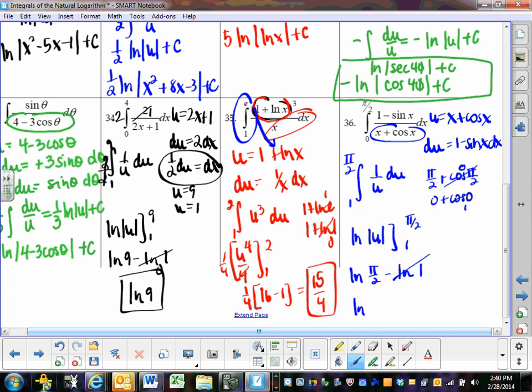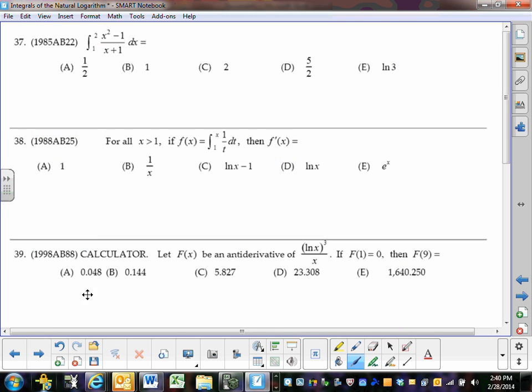Okay, whenever we have an inside part, we should always check to see if that is our u first. So u equals 1 plus natural log of x. Du then is 1 over x dx. So we have exactly u cubed du. I'm going to change the limits.